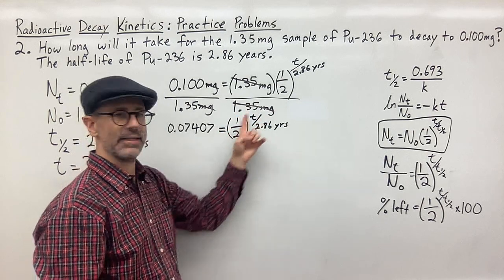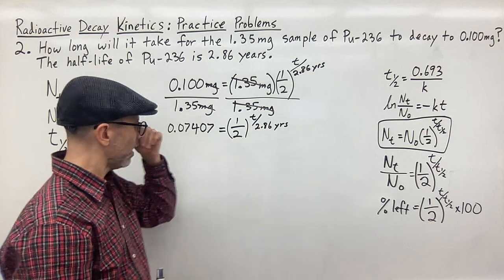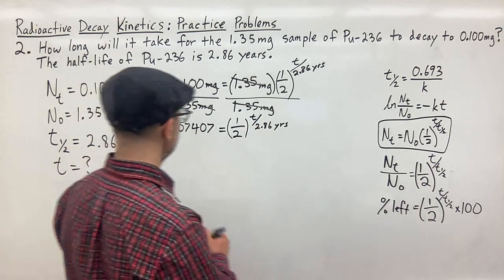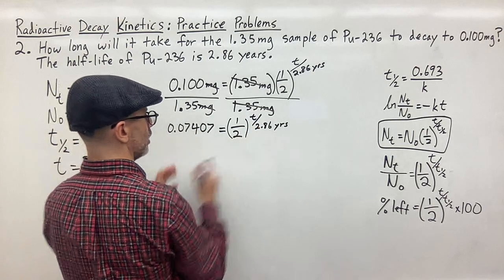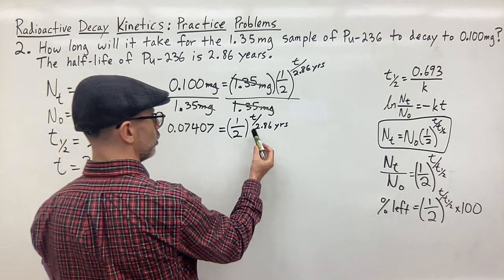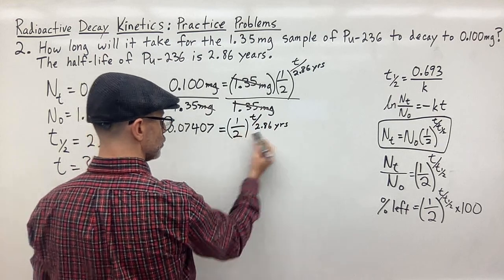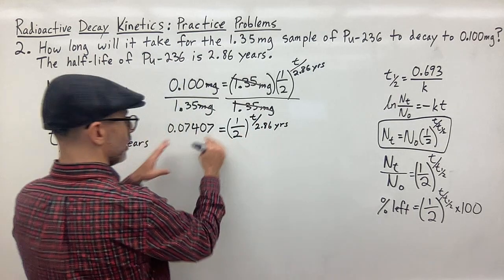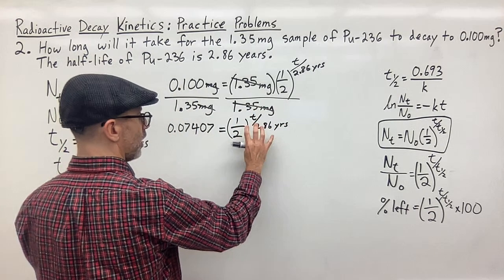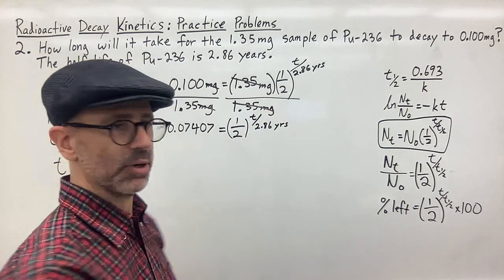Now, I need to get this out of the power form. So how do I do that? I do that by taking the log. So I can take the log of both sides, and then that will allow me to get it out of the power. So that's what I'm going to do.